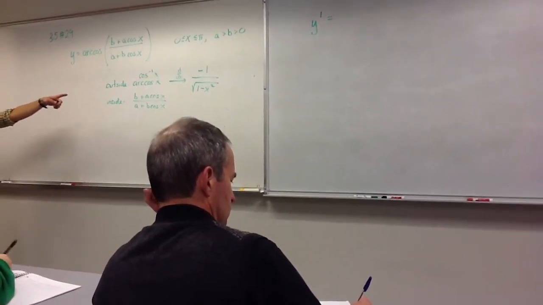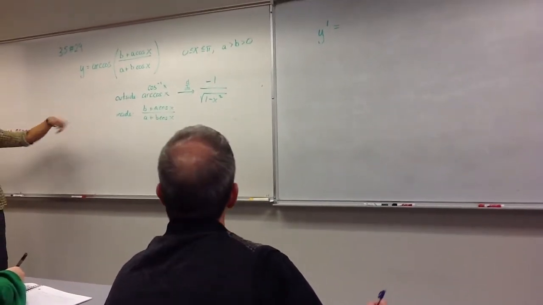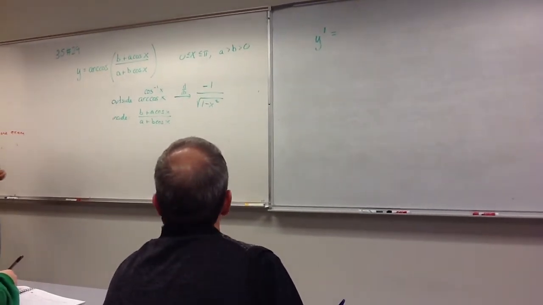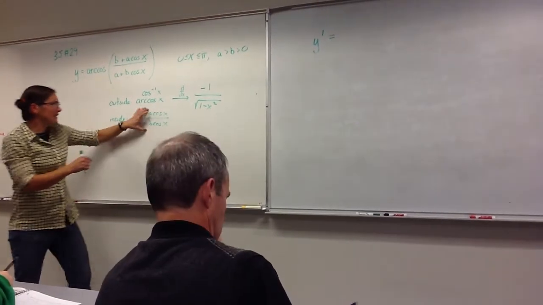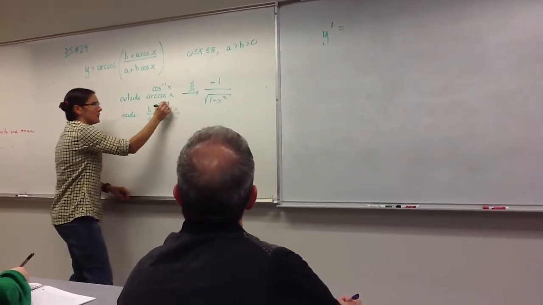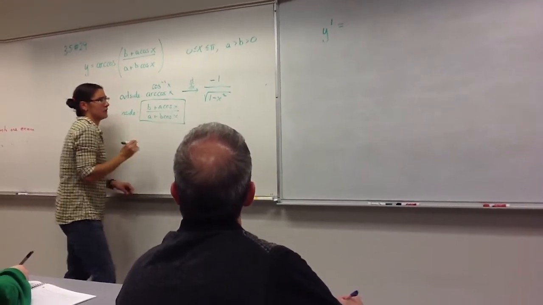We did come up with that formula, or at least for arc sine, and I asked you to go home and work on the derivative for arc cosine, but it's a good one to memorize. So, derivative of the outside, keeping the inside the same. Everywhere that I see an x here, I'm going to replace it with this entire inside function.